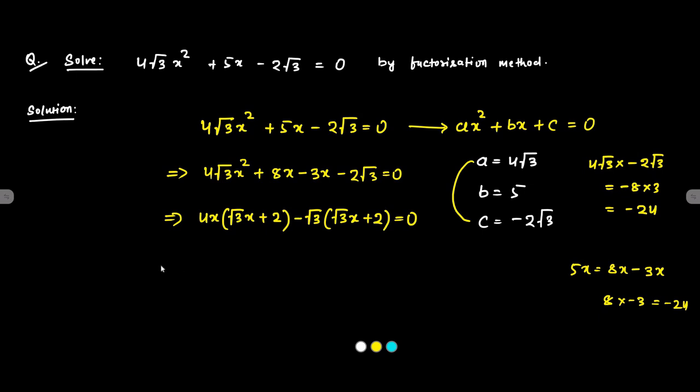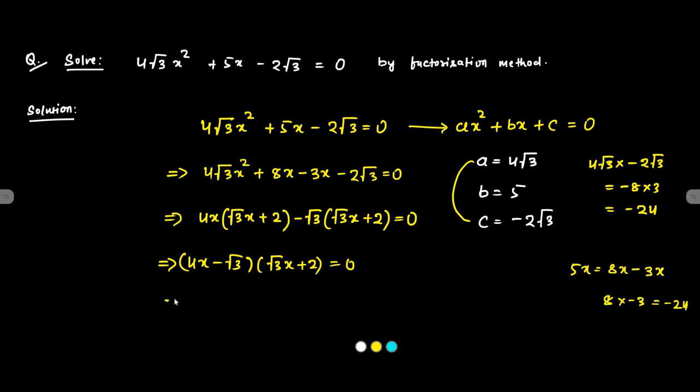That implies 4x minus root 3 into root 3x plus 2 is equal to 0.